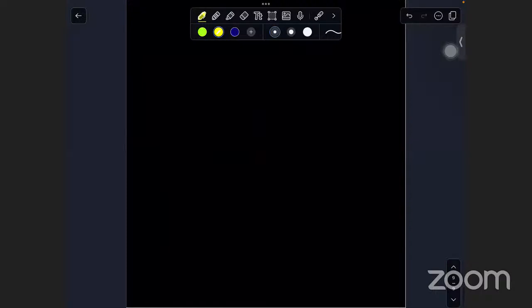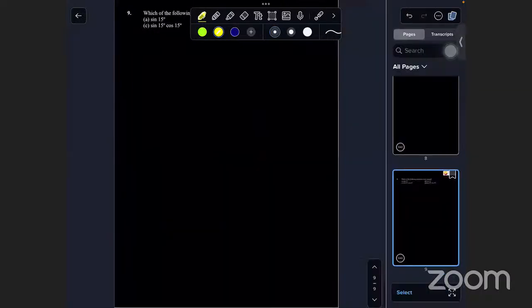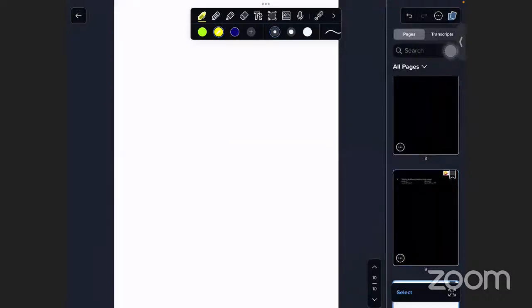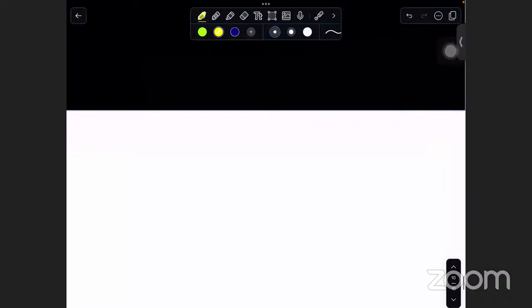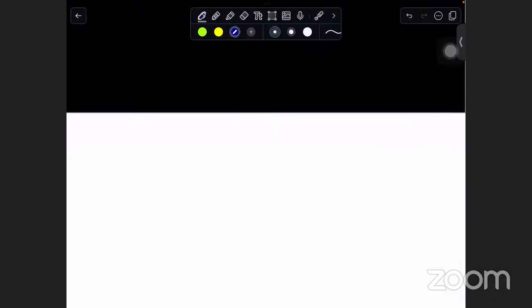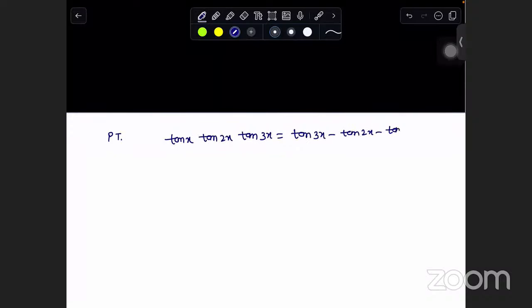All right. Let's do a few questions on my own. There is a very popular and very important question in NCERT also from trigonometry. Prove that tan x tan 2x tan 3x is equal to tan 3x minus tan 2x minus tan x.